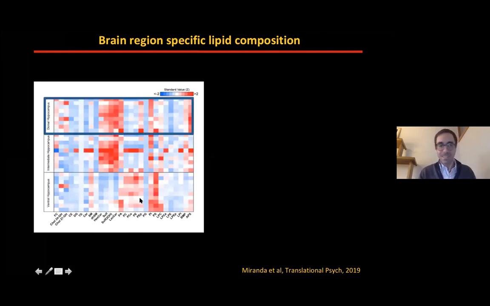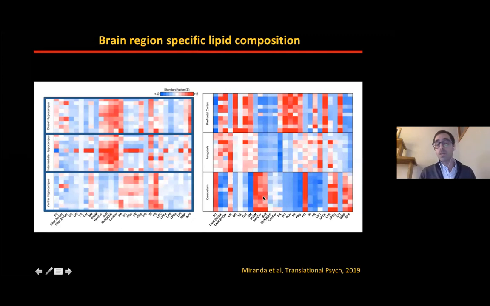And just by glancing at it without going into a lot of detail, we can see that the dorsal and the intermediate hippocampus are more similar to each other in terms of their lipidomic composition, while the ventral hippocampus is more dissimilar from these two. And actually, when we compare with other regions of the brain, namely the prefrontal cortex, the midbrain, and the cerebellum, they are actually more dissimilar from the hippocampus as a whole.